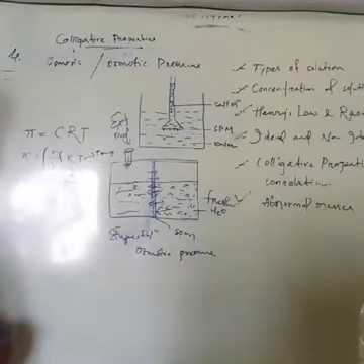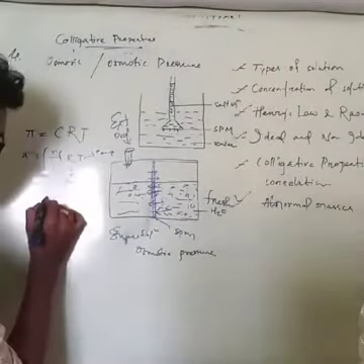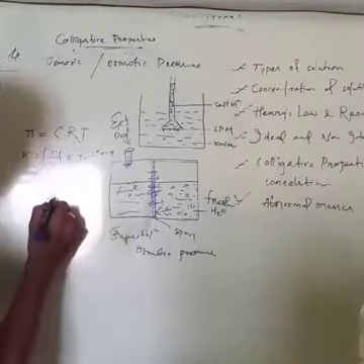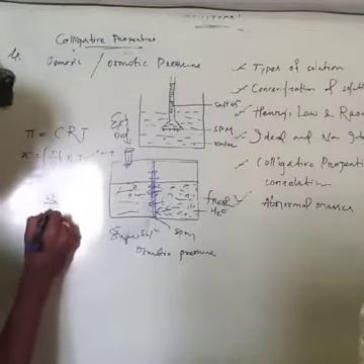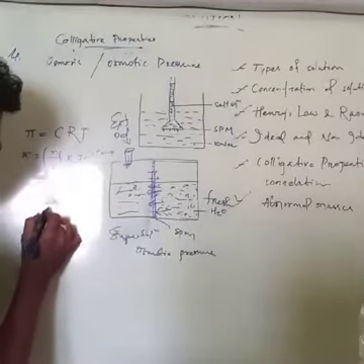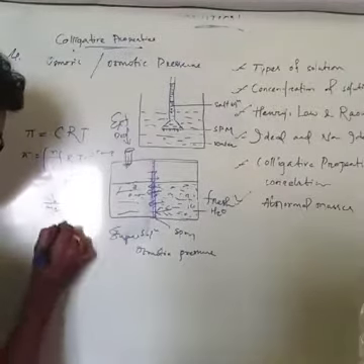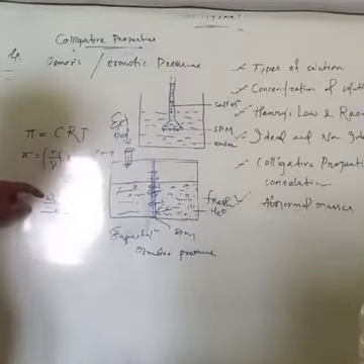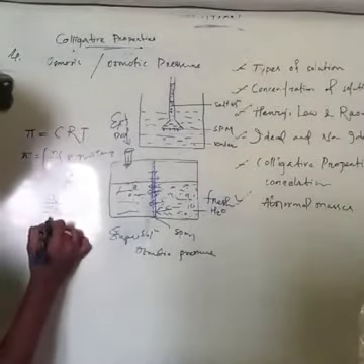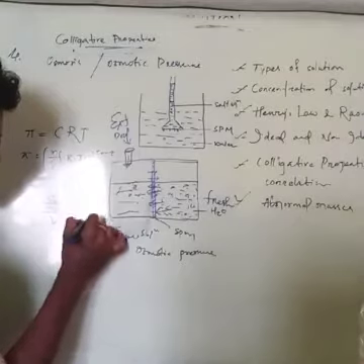Again n you can write as W2 by M2, given mass by molar mass. How will you calculate the number of moles? Given mass by molar mass, by volume into RT.